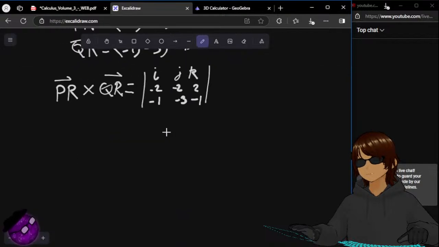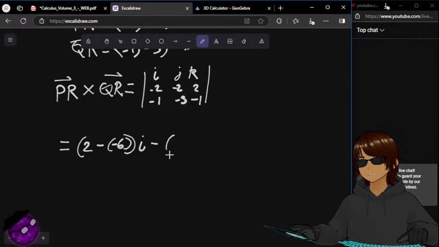Let's see. Okay, so this is equal to, the i part is -2 times -1, just 2, minus -3 times 2 is -6. Now minus the j part: -2 times -1, just 2, then -1 times 2.